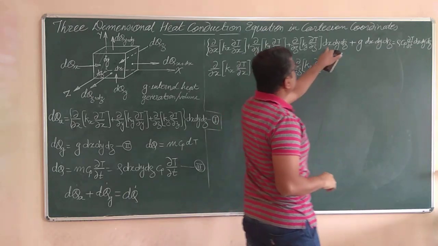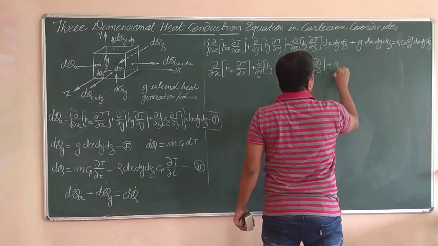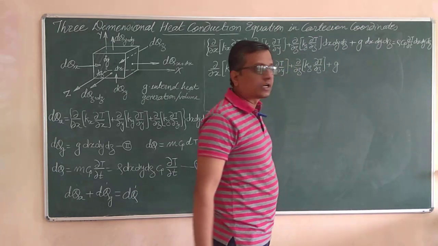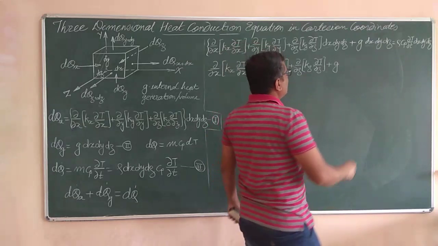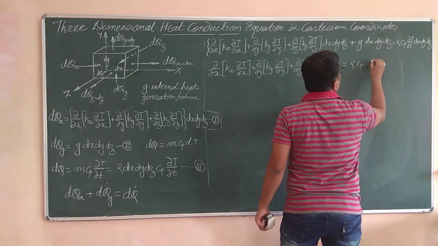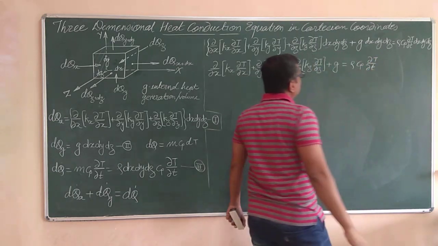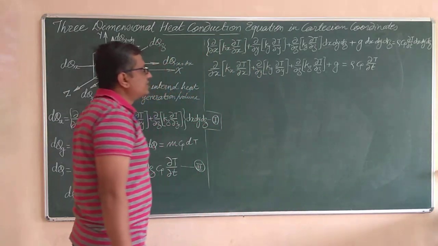Now this dx dy dz is already cancelled, plus the term small g, which is nothing but the internal heat generation in the element, and that is equal to rho cp into ∂T/∂t. Now this is the required equation.